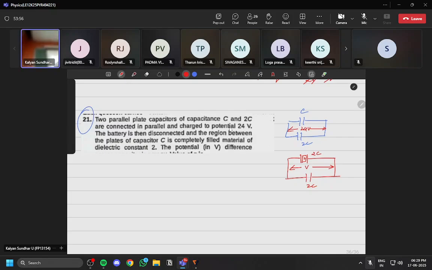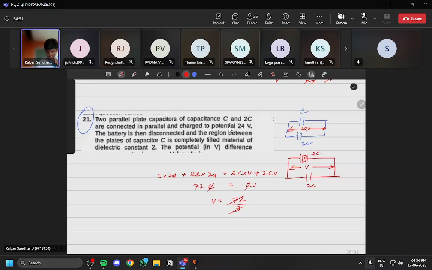What was there initially? C into 24 plus 2C into 24 will be equal to 2C into V plus 2C into V. So this will become 3CV, and this will be of 24. 48 plus 24, how much? 72. 72 C. C and C get cancelled. V will be equal to 72 by 3. 3 2, oh sorry.